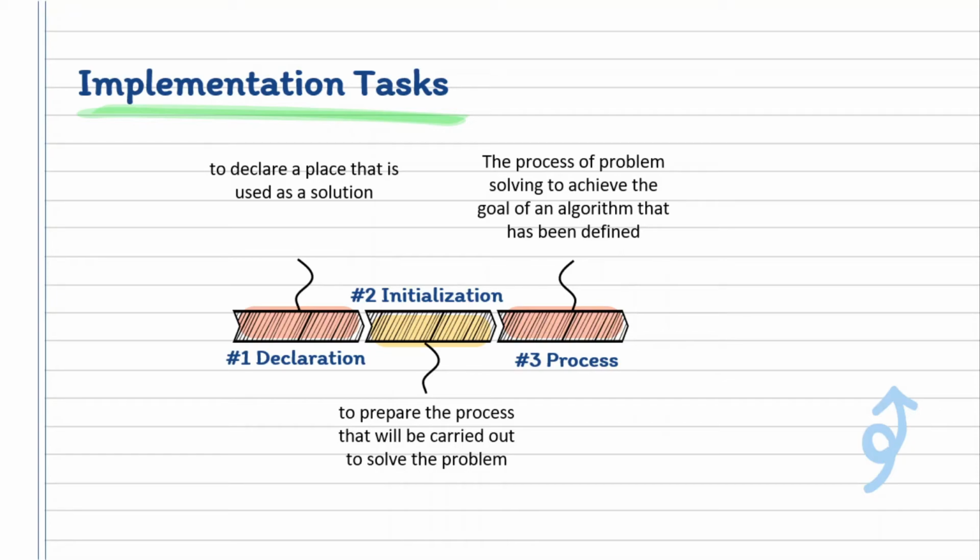This step is the process of problem solving to achieve the goal of an algorithm that has been defined. And the last step is finalization. This is the clean up step or final step. I will explain in more detail, step by step, to solve the problem.